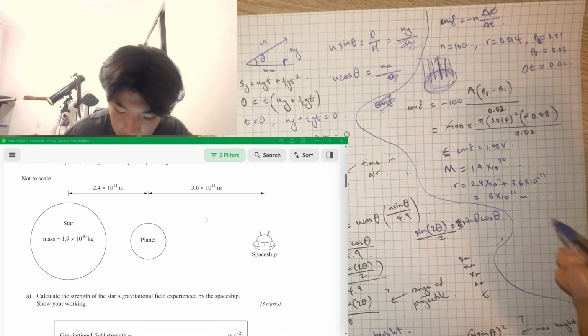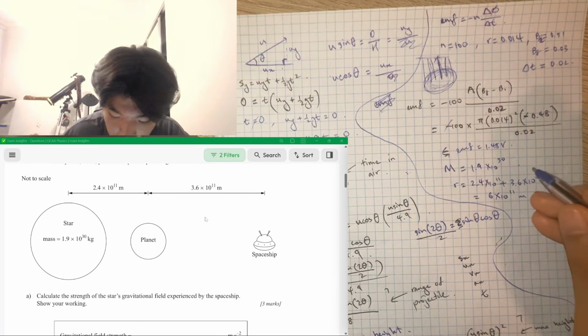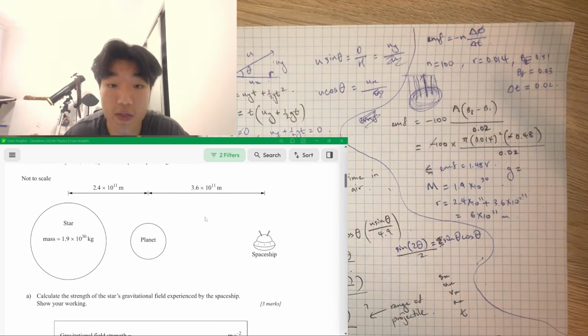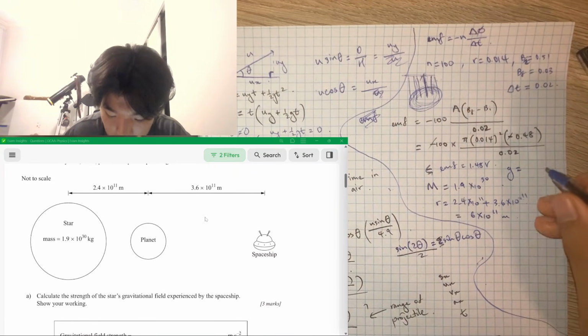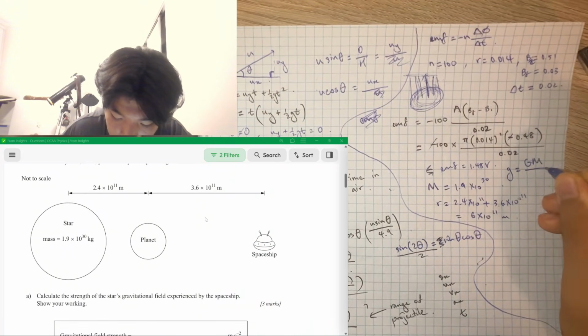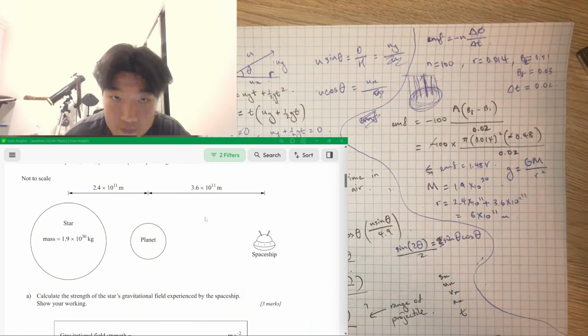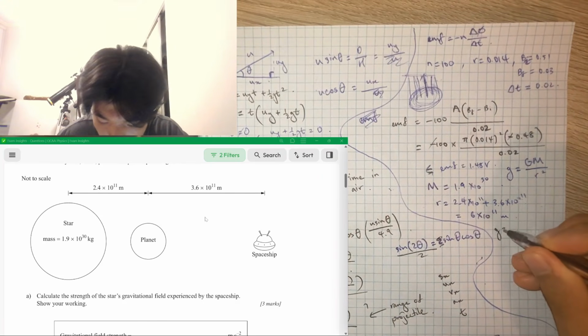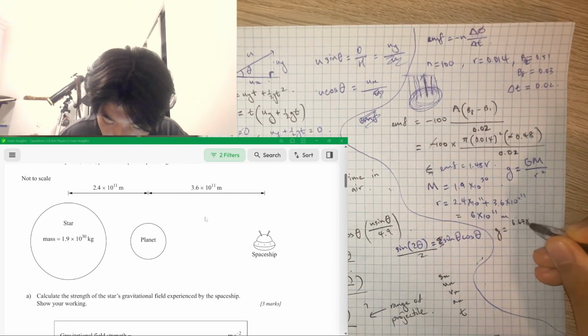Okay, and then what do we do? We use our formula. Lowercase g, since we're dealing with gravitational field strength, right? Big G M over r squared. That's on the formula sheet, so don't worry too much if you don't remember that.